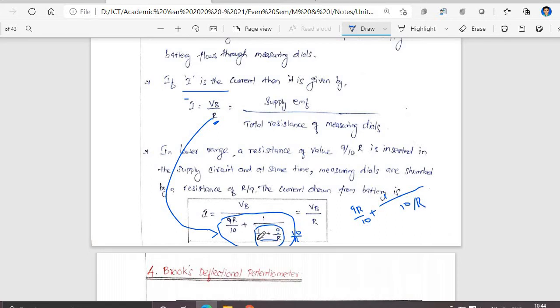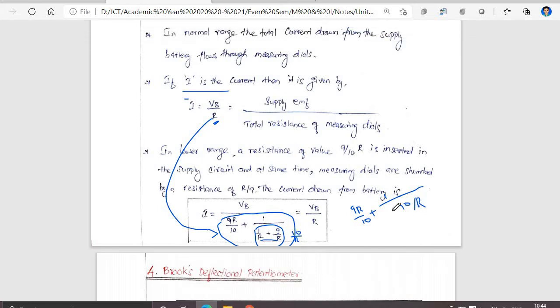It is a parallel combination and its answer is 10 by R. Put it into the equation: the denominator goes to the numerator, and the equation changes to 9R plus R divided by 10.